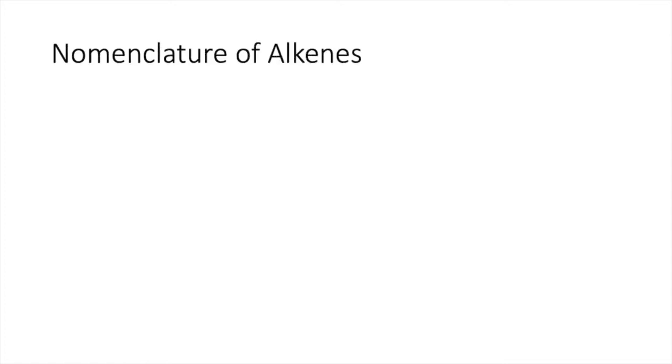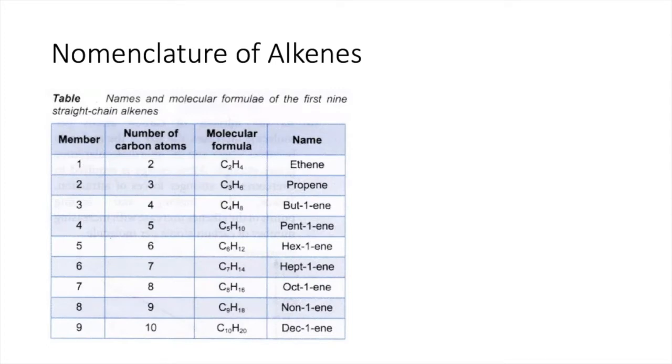Nomenclature of alkenes. When an alkene has 2 C, it is called ethene. 3 C, propene. 4 C, butene, 1-butene. 5 C, pentene. 6 C, hexene. 7 C, heptene. 8 C, octene. 9 C, nonene.